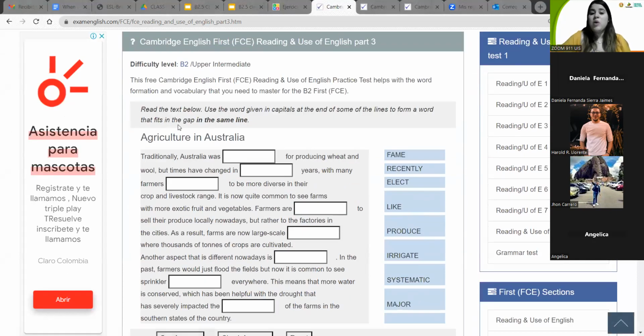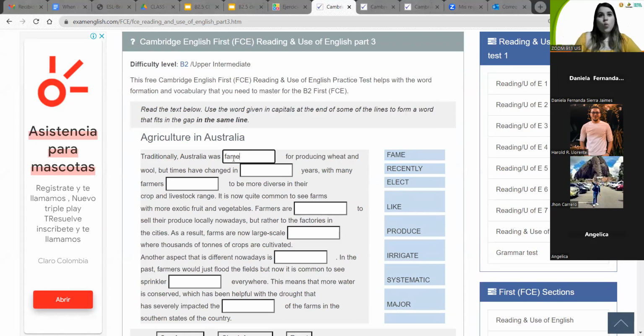We were analyzing these tests, and we said, okay, traditionally Australia was, and then we have the word fame that we need to change into a word that fits in the gap, right? So we cannot say Australia was famed for producing wheat and wool. No, we have to transform the word fame in order to make it suitable for that empty space, okay?